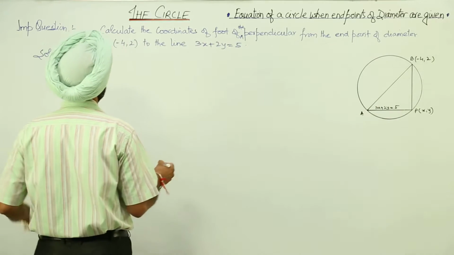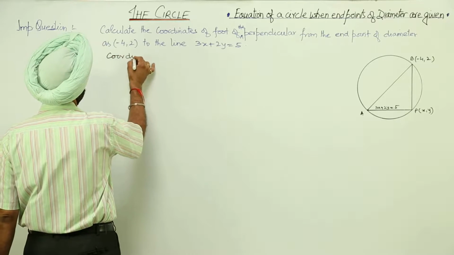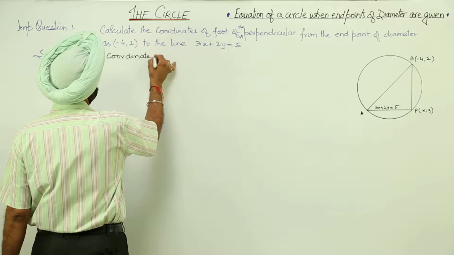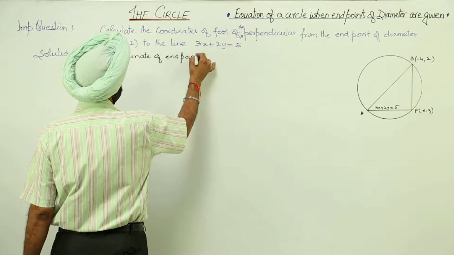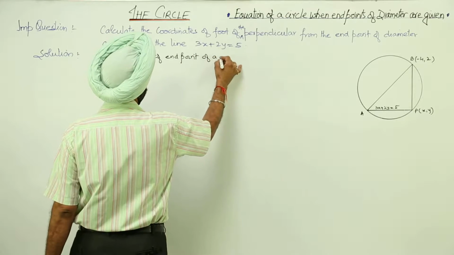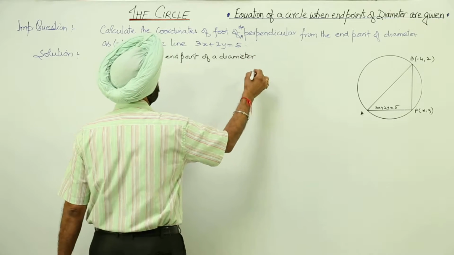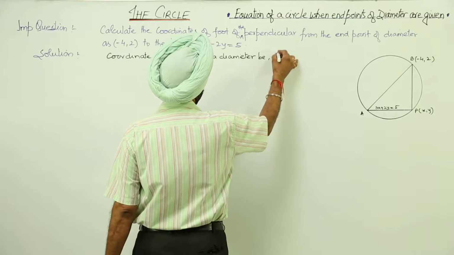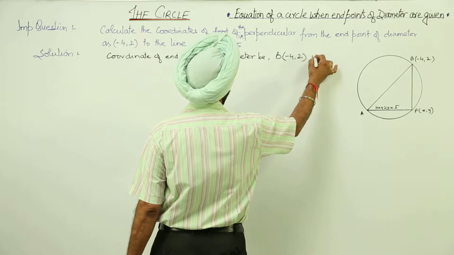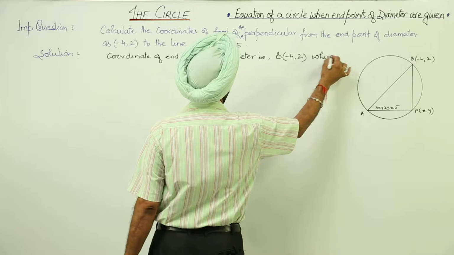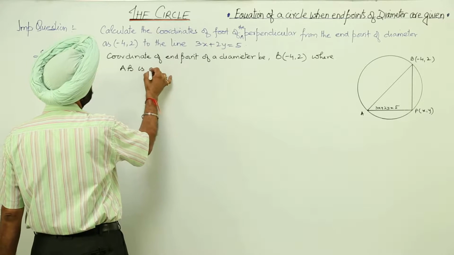Now, the coordinates of the endpoint of a diameter B, capital B with (-4, 2), where AB is a diameter.